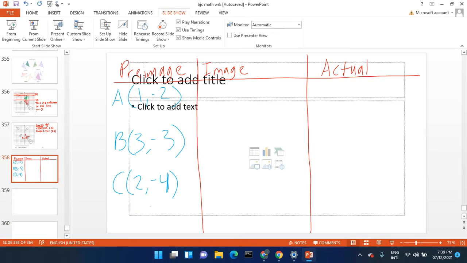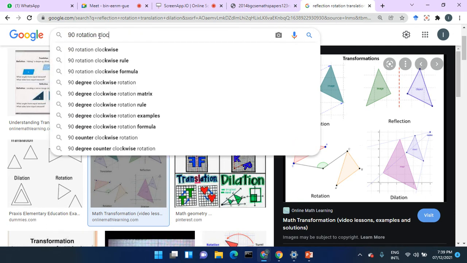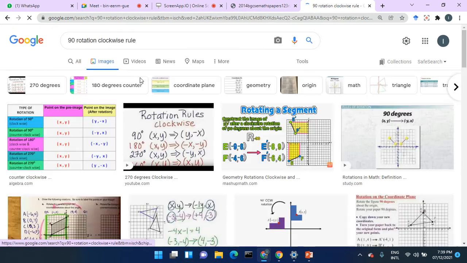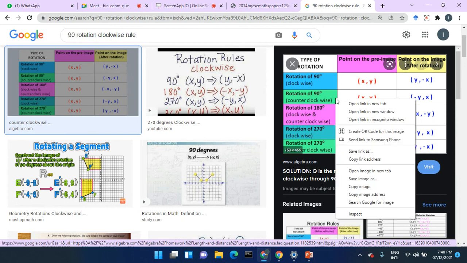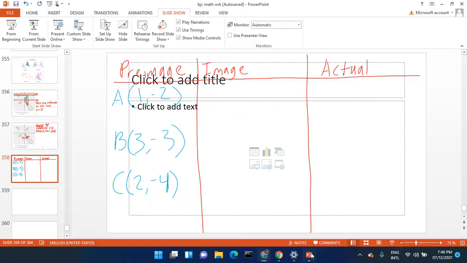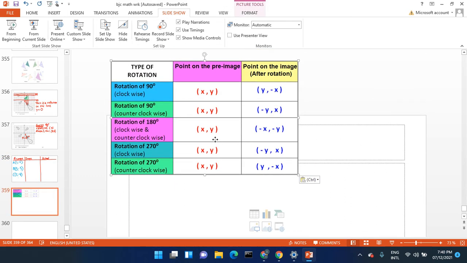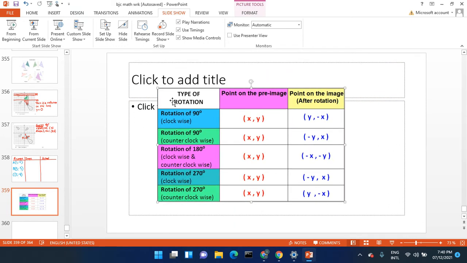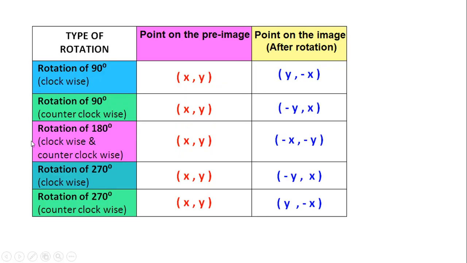It's a 90-degree rotation clockwise rule.